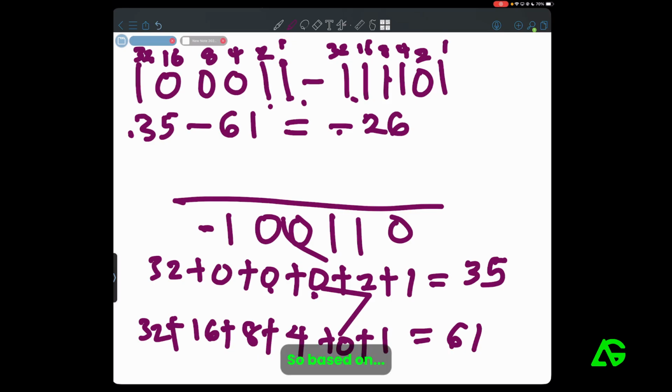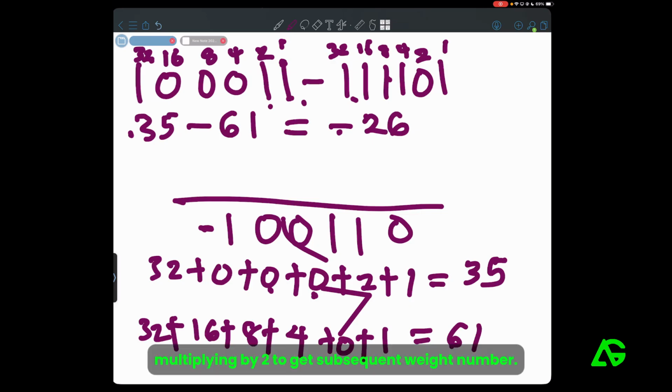Based on the position of each digit, there is a value, and this value is just the weight of the base number. The base number is 2, right? So we first start when the weight is 1, and I keep multiplying by 2 to get the subsequent weight.